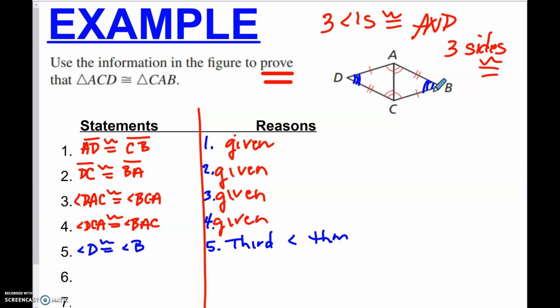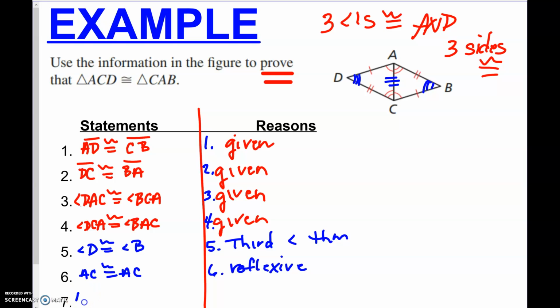So is there anything else that I can say in here? Is this diagram giving me anything else? Well, do we have a property that says AC is congruent to AC? Isn't that called the reflexive property? So the reflexive property of equality, AC is congruent to AC. Well, now do I have 3 angles and 3 sides congruent?